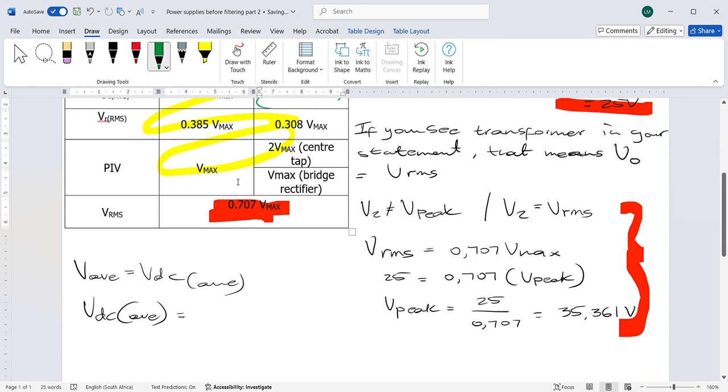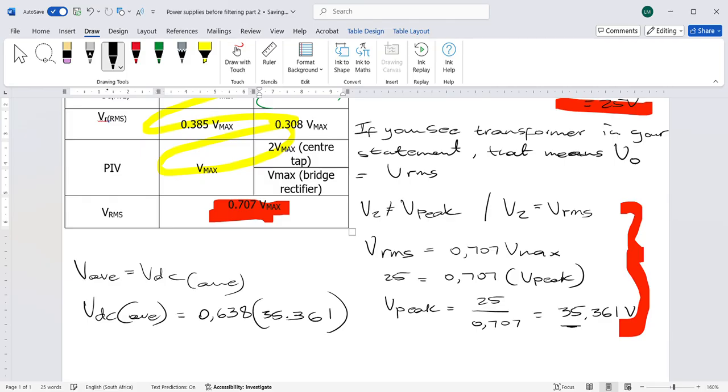So when we solve this, we're going to say 0.638 brackets. What's our Vmax? Vmax, don't forget, it's not 25. Here, Vmax, we calculated it. So it's 35.361, brackets.